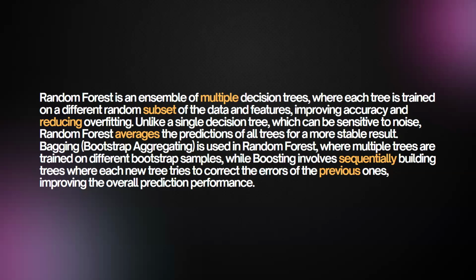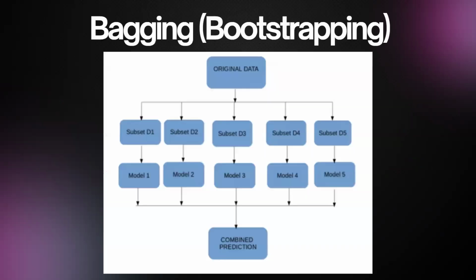But just understand that in bagging, we have multiple trees which are trained on different bootstrap samples. And in boosting, we build trees sequentially, where each tree tries to correct the errors of the previous one, improving the overall prediction performance.